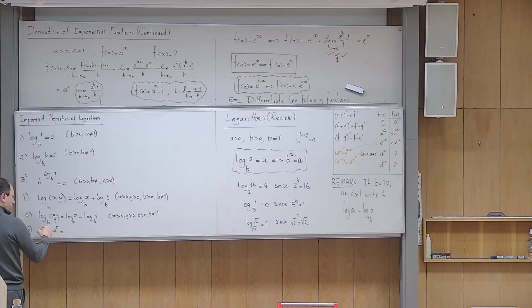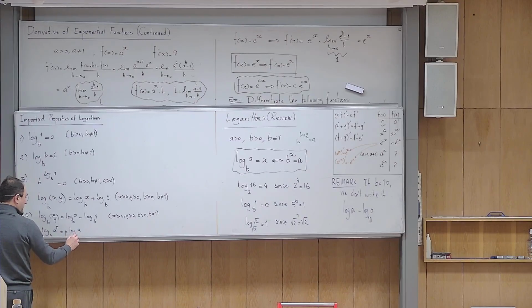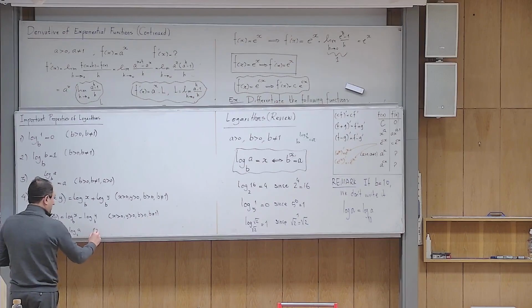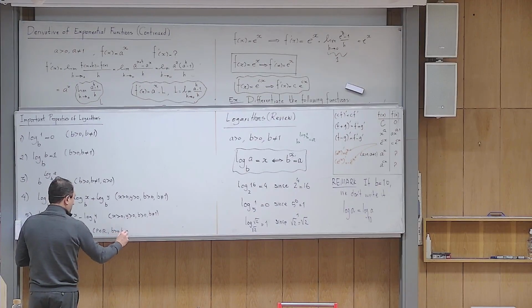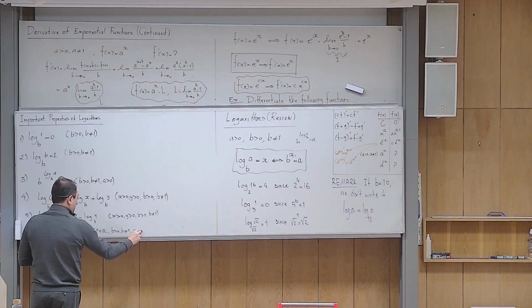Exactly. P goes to the front of the log, so it becomes p times the logarithm of a to the base b. Here, p is any real number that you like, but b should be positive and not equal to 1. Of course, a should also be positive.